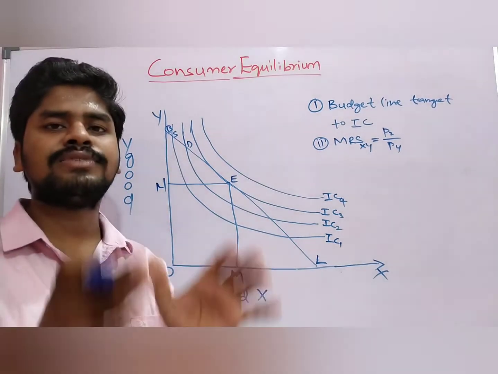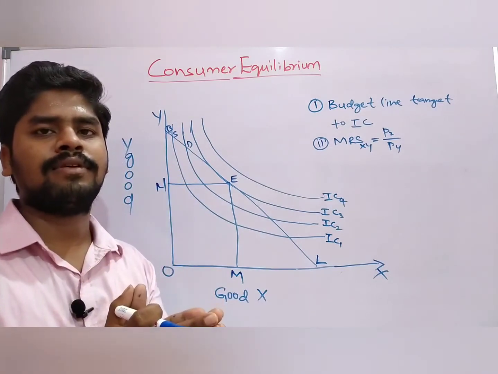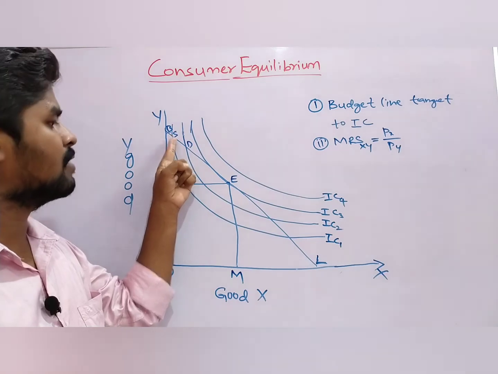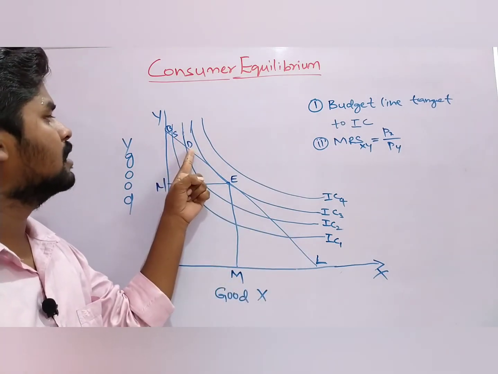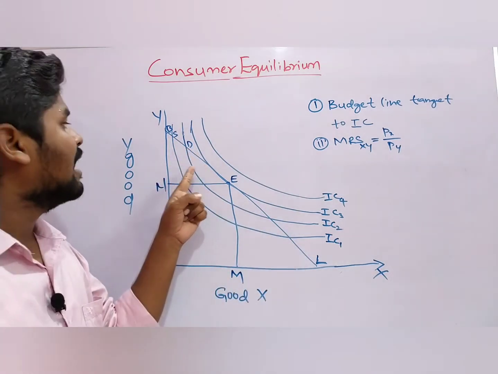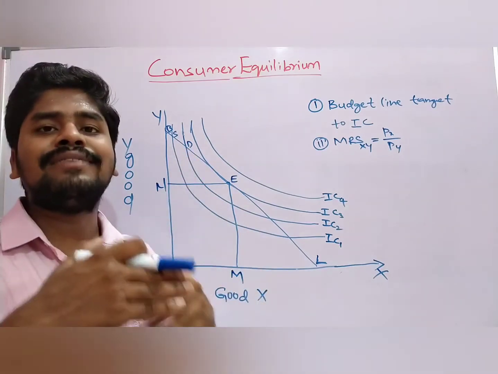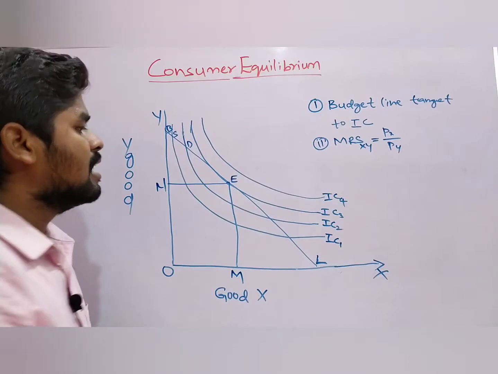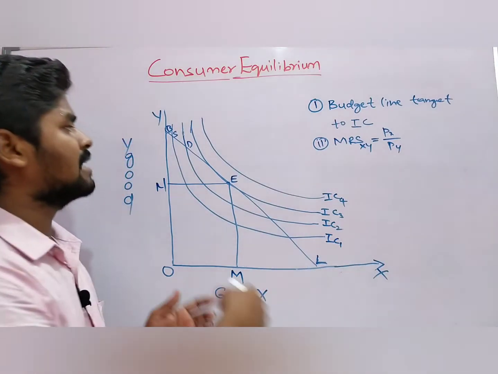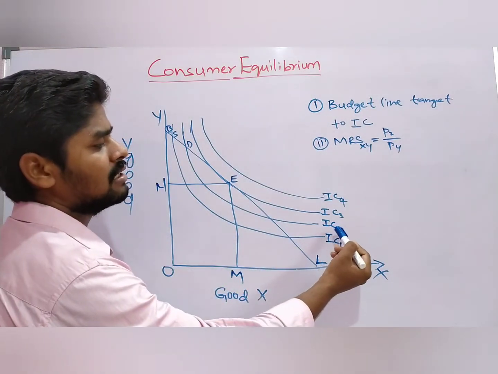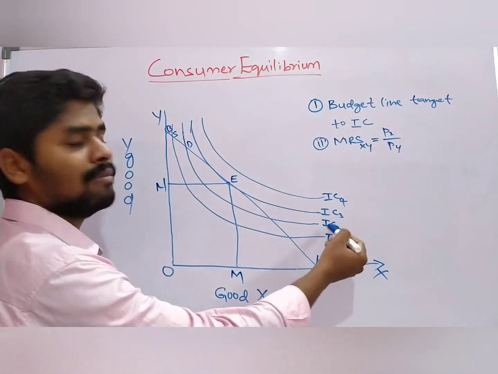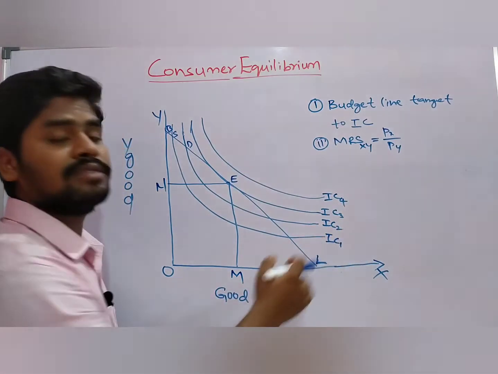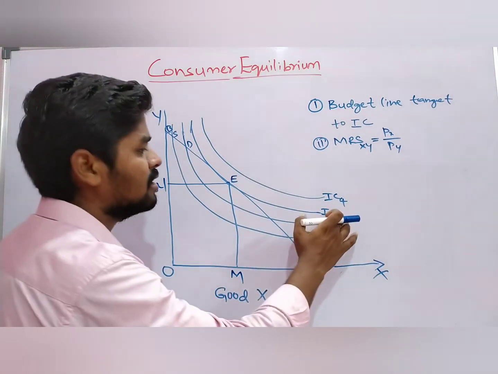So the two conditions are satisfied. Why is the consumer not satisfied at IC1 at S and IC2 at D? Because they do not give more satisfaction. IC1 gives less satisfaction than IC2, and IC2 gives less satisfaction than IC3. These two IC curves give less satisfaction than IC3.